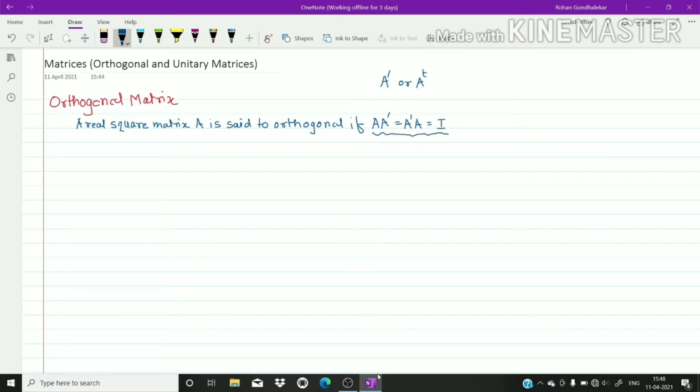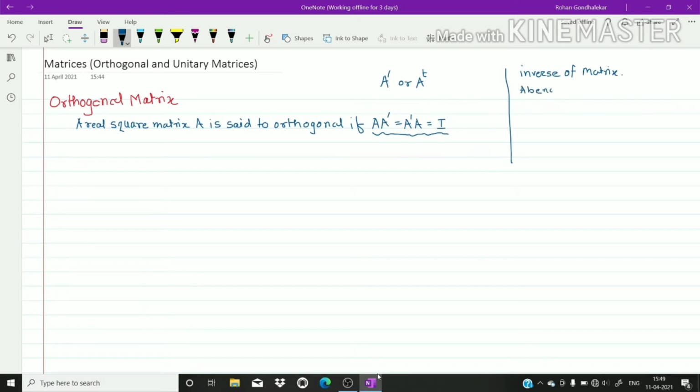Now my question is, have you seen a similar kind of definition earlier? Yes, we have, in the earlier schools. We have seen the definition of inverse of a matrix. What is that definition?